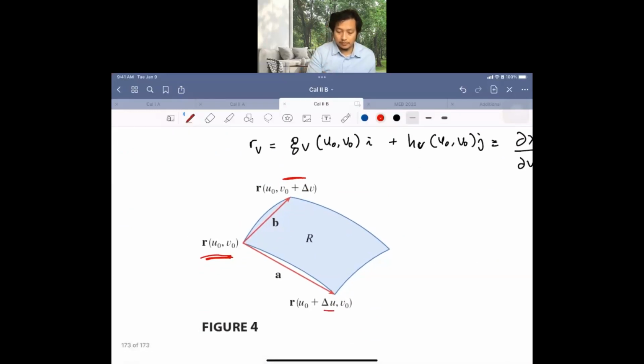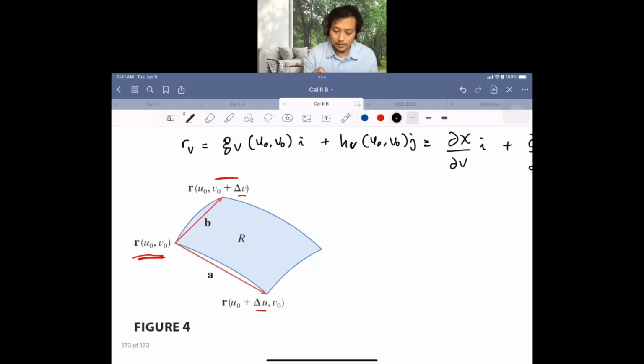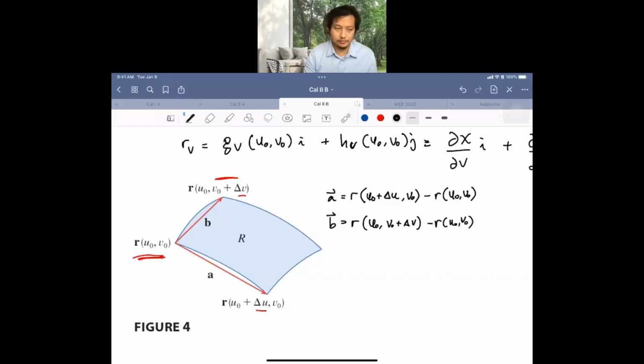Okay. So we can write down that vector A is r(u0 plus delta u, phi0) minus r(u0, phi0), and vector B is r(u0, phi0 plus delta phi) minus r(u0, phi0).